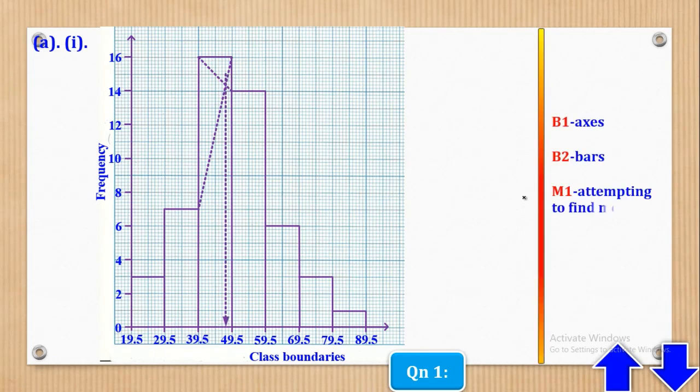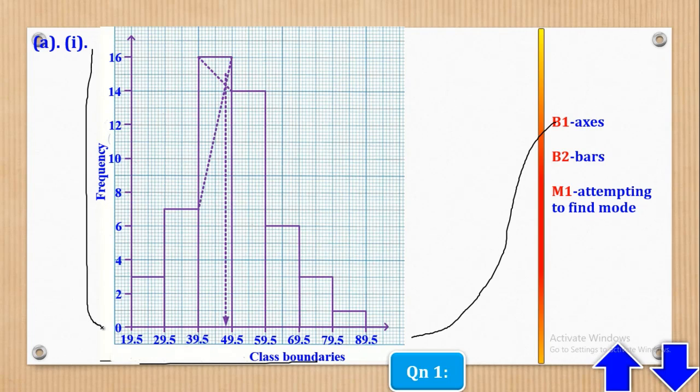Now from there we shall read that value, and that will be our modal mark. So before I go to the next slide, let's first see how marks can be awarded in this step. So B1 for drawing all the axes, so the horizontal and vertical axes well labeled and with the correct scale, that is B1. Then B2 for drawing all these bars. Then M1 is for attempting to find the mode.